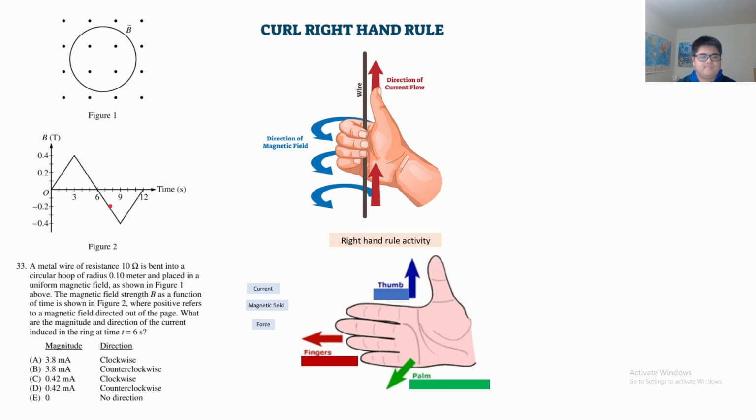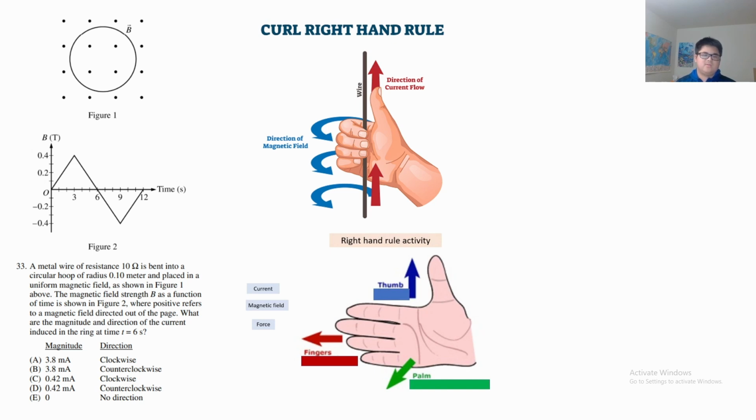One good way to remember this is that the induced current has to counteract the change in magnetic field. That is how induced current works. Since the magnetic field is going from positive to negative, the change in magnetic field points into the page.